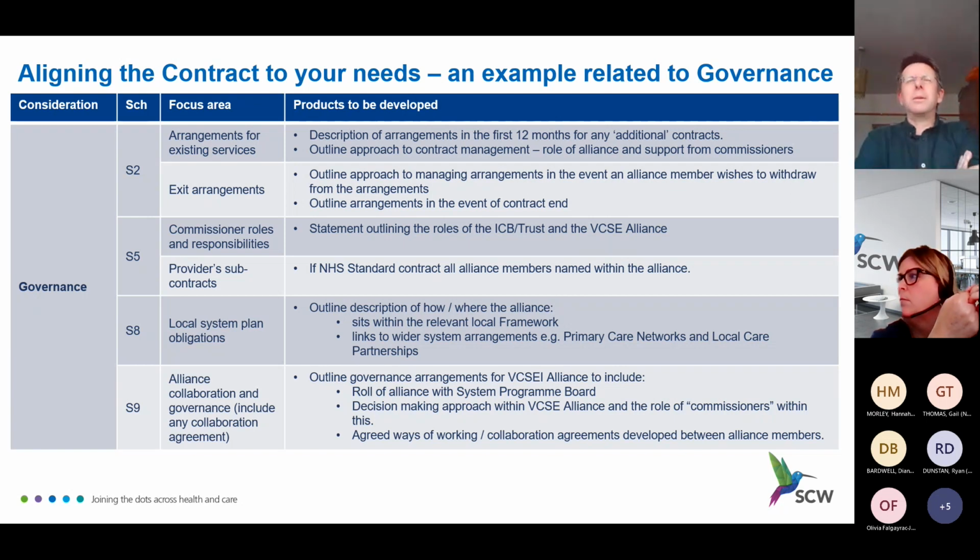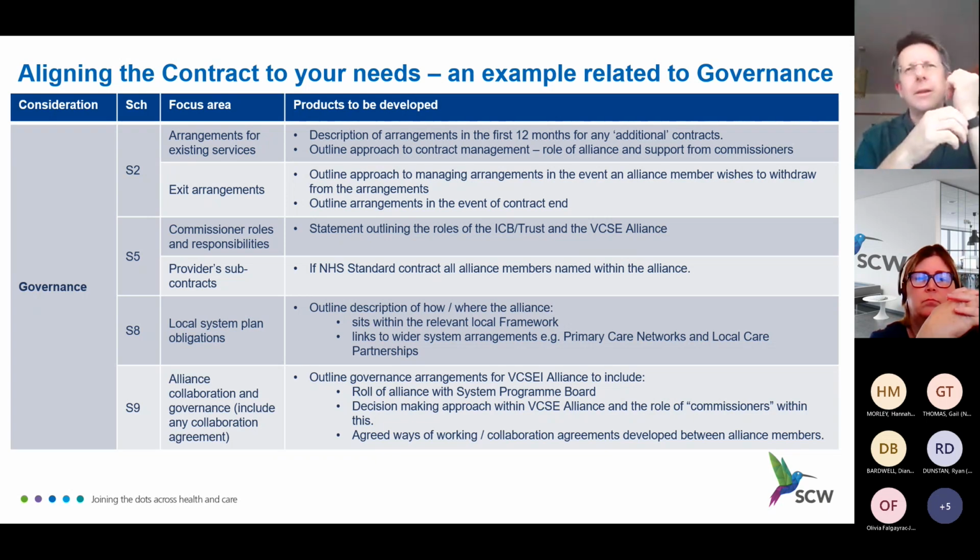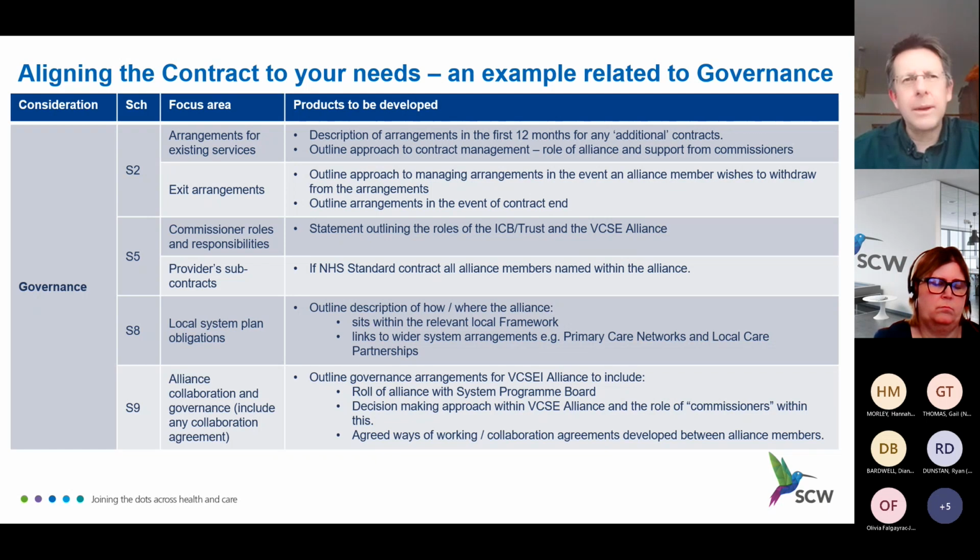So in Schedule 2, we look at how to make the arrangements for the contract, what the first 12 months is going to look like, and how the additional services complement and work around each other. You can detail and provide the outline of the approach to contract management, the role of the alliance, and the support for commissioners within that. And it also talks about the exit arrangements for the contract, what to do at the end, and also managing how you can be agile and dynamic with regard to alliance members.